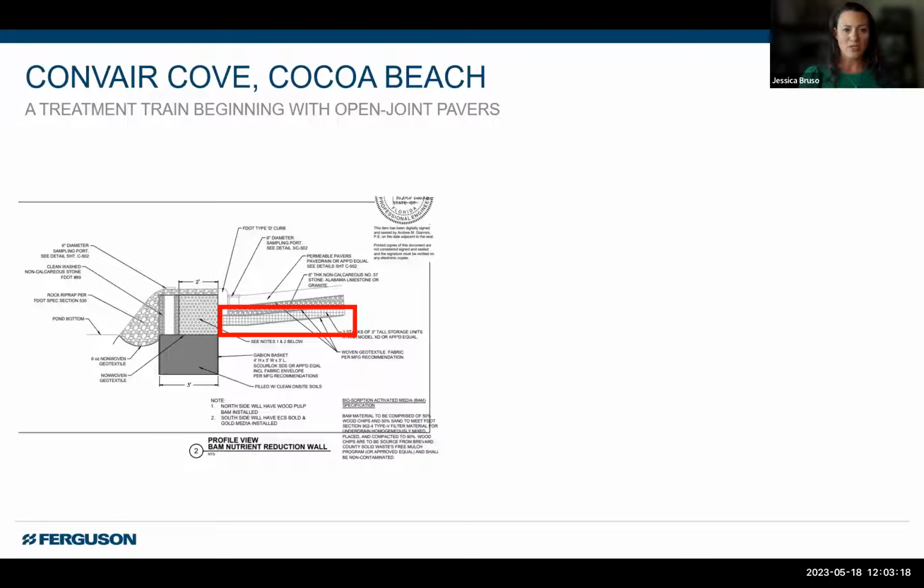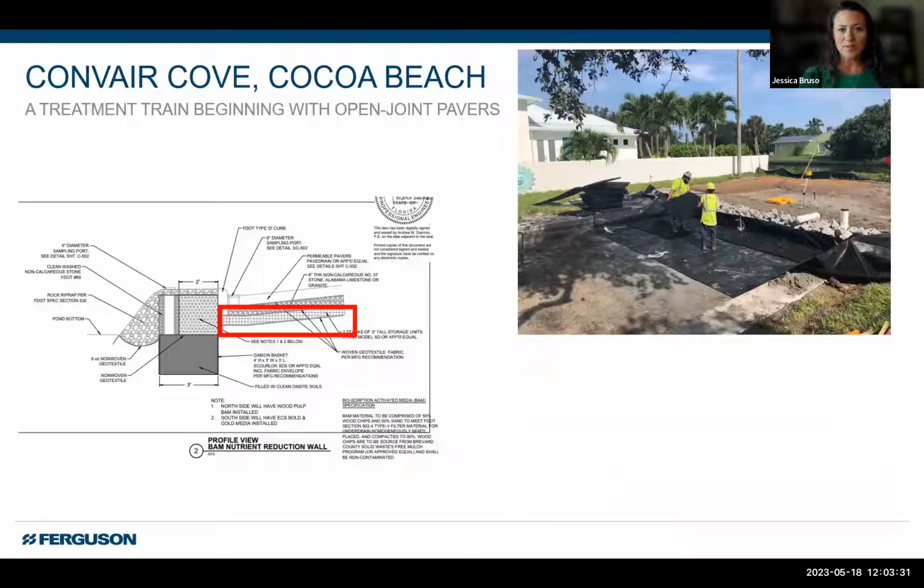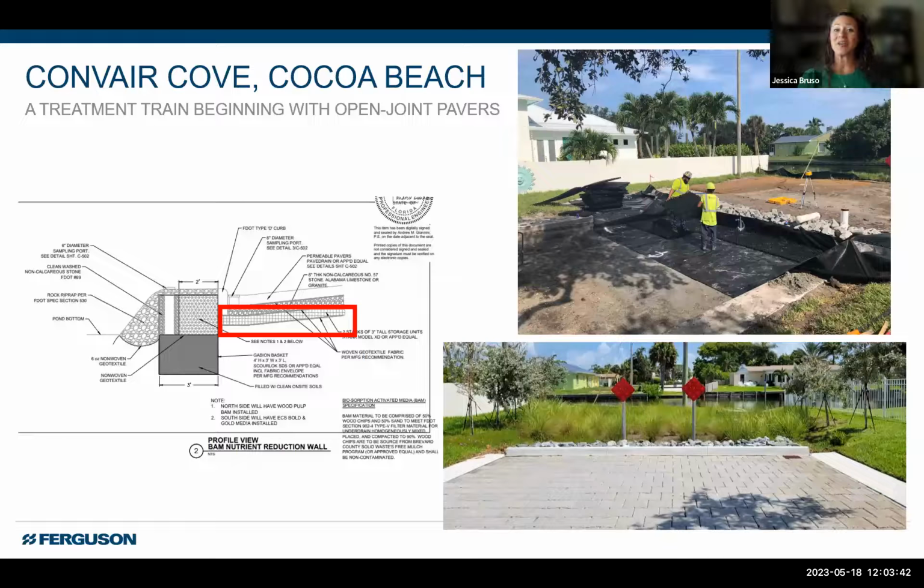That does flow actually through a gabion wall that's actually filled with BAM material for denitrification and removal of phosphorus. So there's a really cool treatment train there. You can see the R tanks, or I'm sorry, the underground storage. Anyway, so going in there and you can see kind of the final product as well.